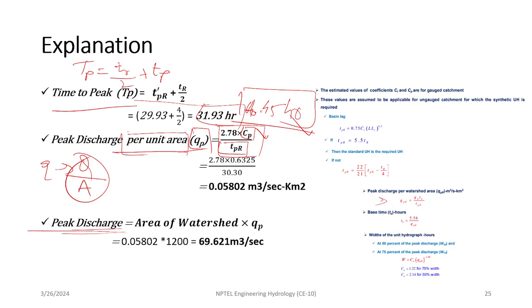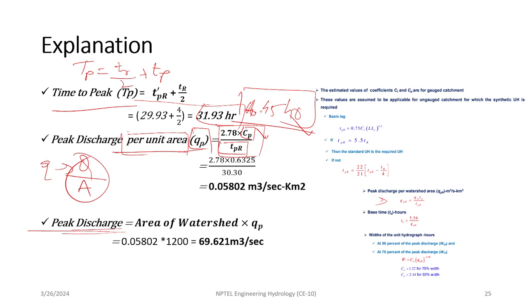This QPR will be multiplied by TP and this. Okay, yes, so it is using TPR, not a modified value. It is using the original value.